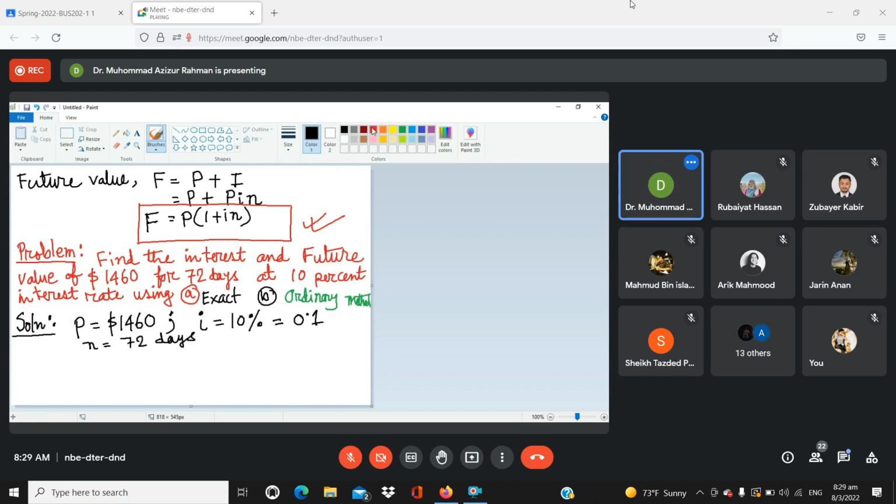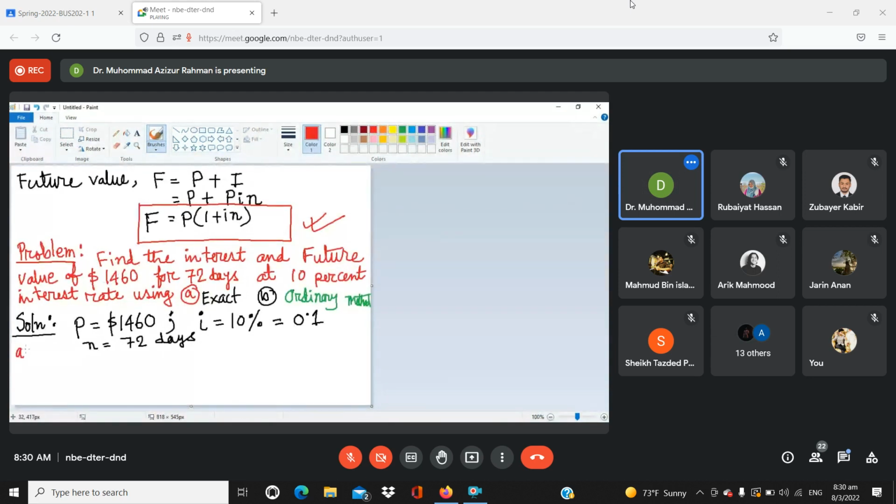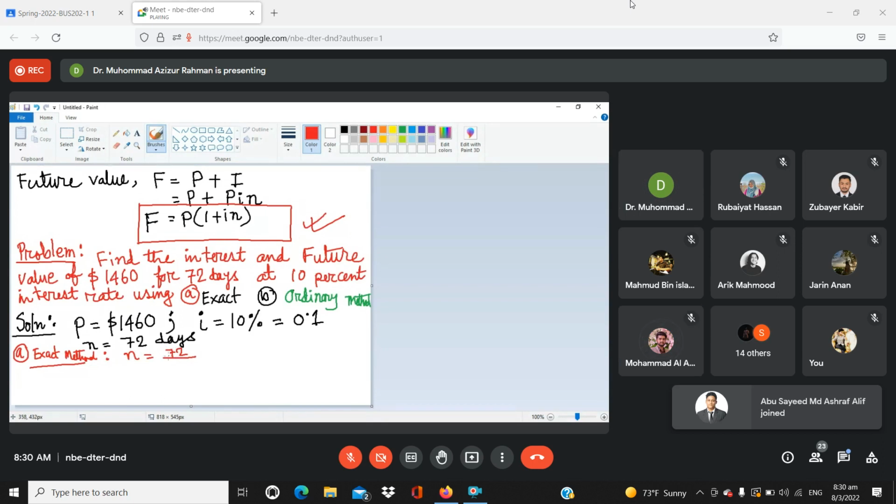So if we use the exact method, so N equals how much? 72 divided by 365. So what does this give? 72 divided by 365.